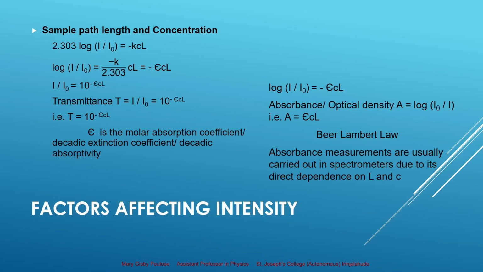We can write this expression in terms of absorbance also. So, taking log of I by I naught is equal to minus eta CL, the absorbance or the optical density is written as log of I naught by I, taking the reverse. Hence, we write absorbance A equals log I naught by I. That is A equals eta CL. This is called the Beer-Lambert law.